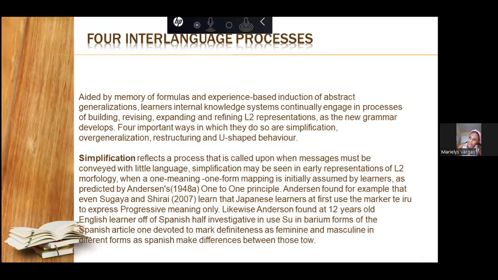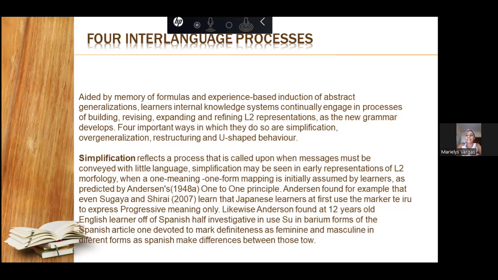Simplification reflects a process that is called upon when meanings must be conveyed with little language. Simplification may be seen in the underrepresentation of L2 morphology, when a one meaning, one form mapping is initially assumed by learners, as predicted by Andersen in 1984.